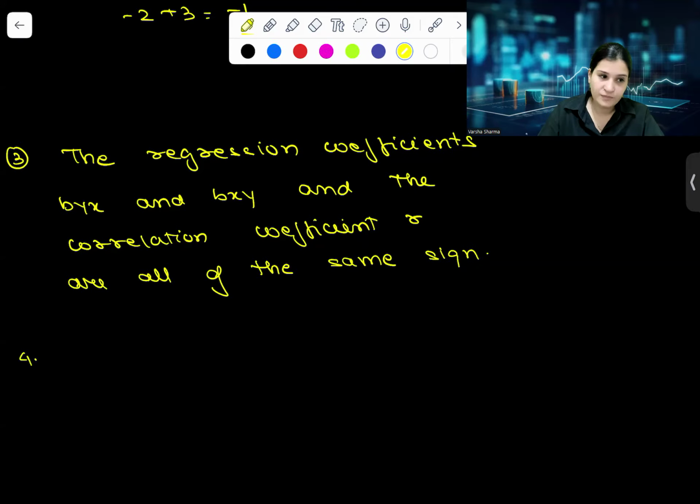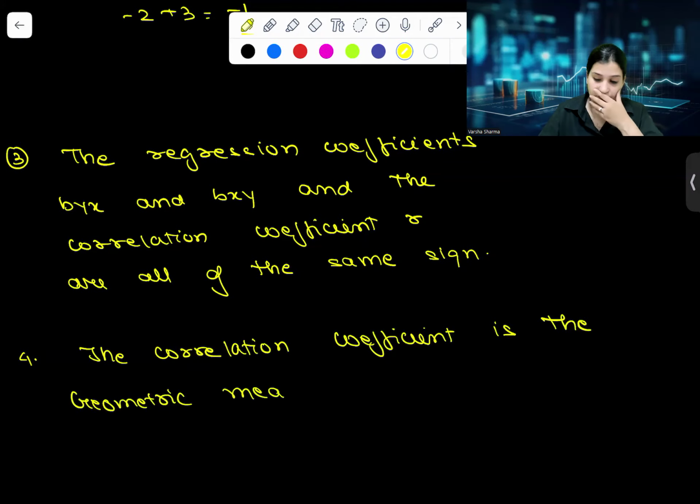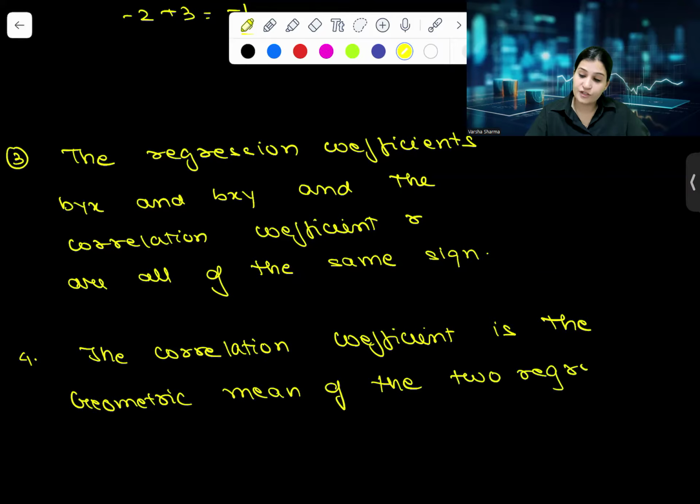Four, the correlation coefficient is the geometric mean of the two regression coefficients.